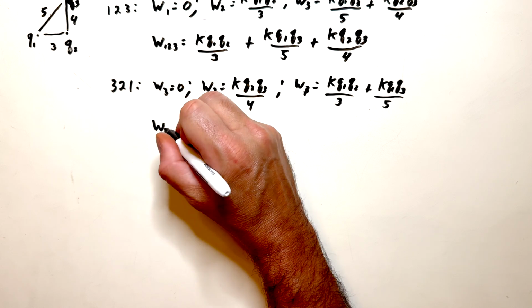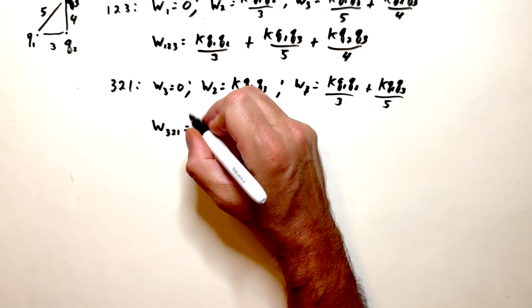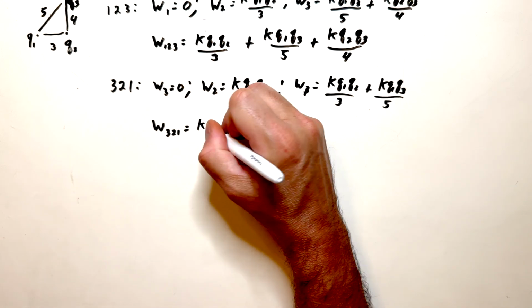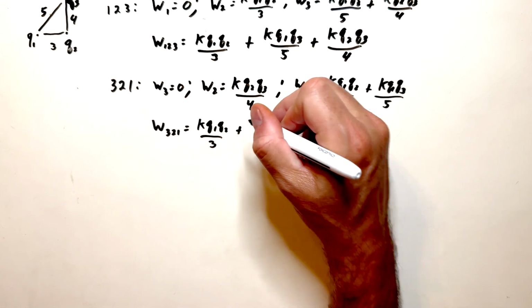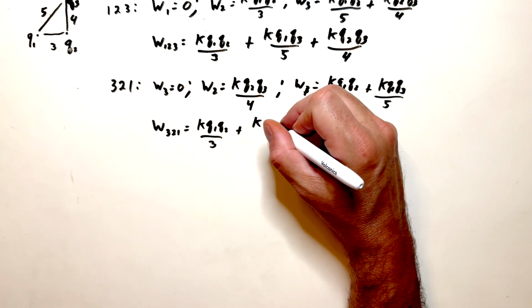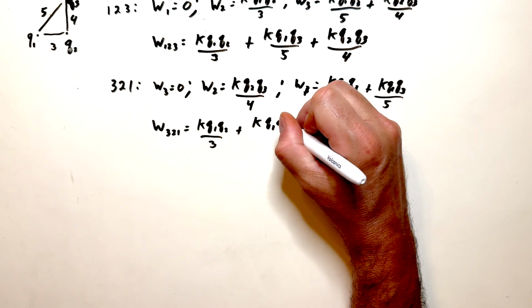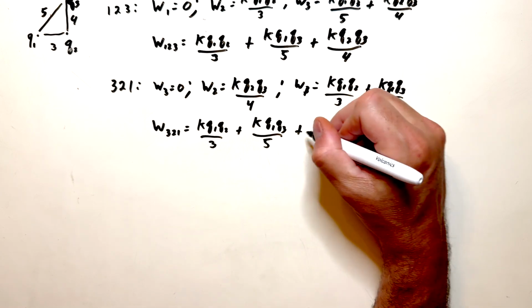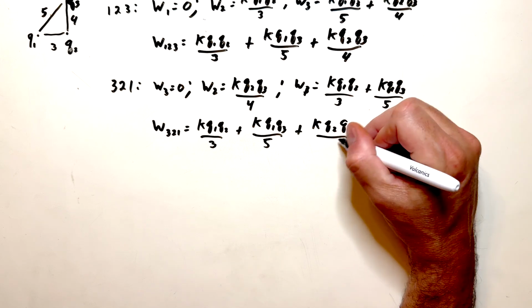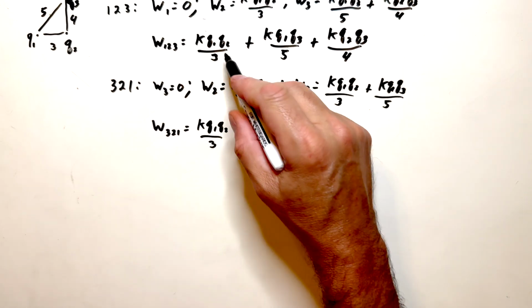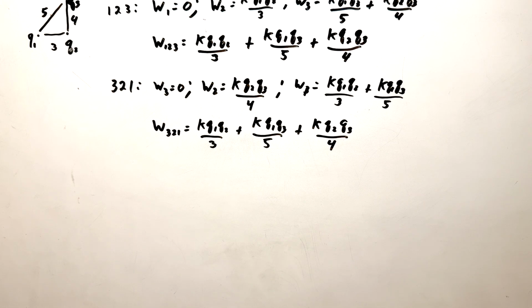Therefore, the work, W321, is equal to K Q1 Q2 over 3 plus K Q1 Q3 over 5 plus K Q2 Q3 over 4. And we can see this is exactly the same as the work to move it in the other order. So it doesn't matter what order we move the charges in, the work is the same and the potential energy is the same.